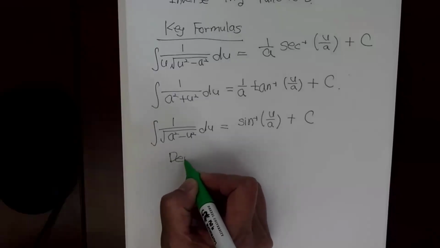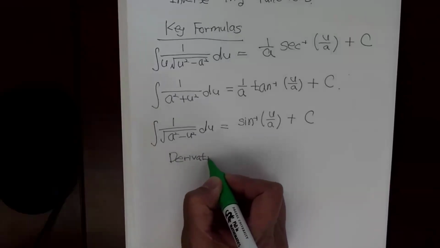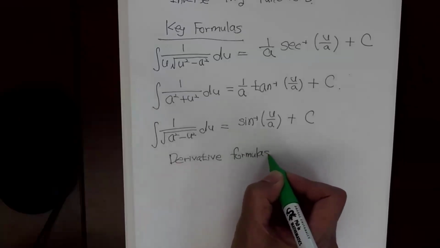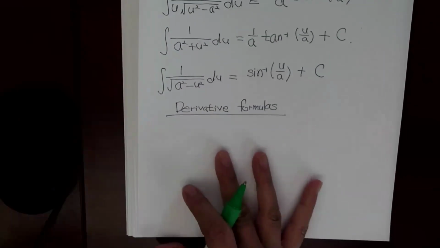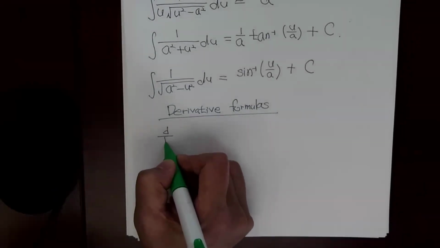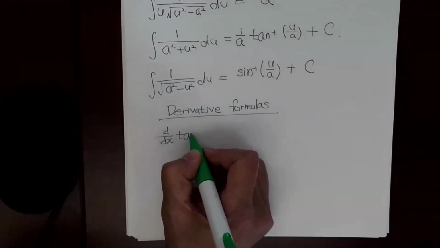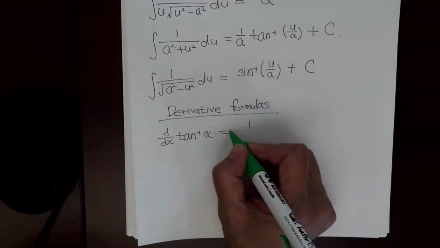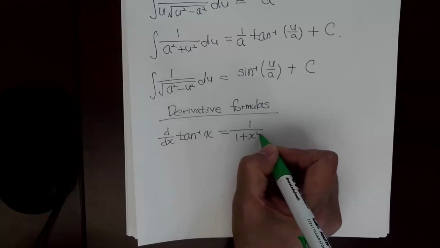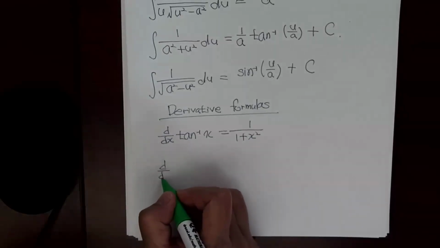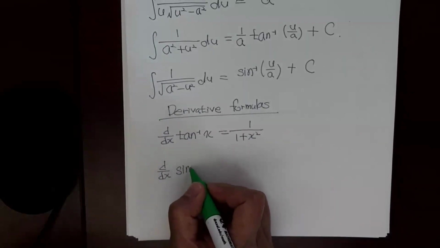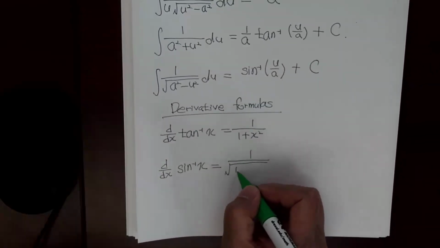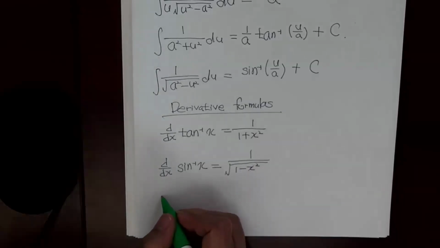The fundamental form of derivative goes like this. Inverse tangent function's derivative is 1 over 1 plus x squared. And derivative of inverse sine function is 1 over square root of 1 minus x squared.